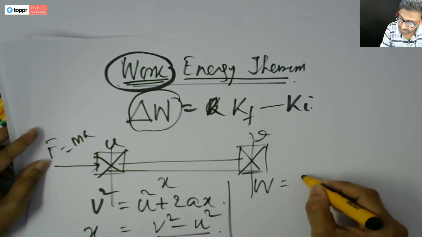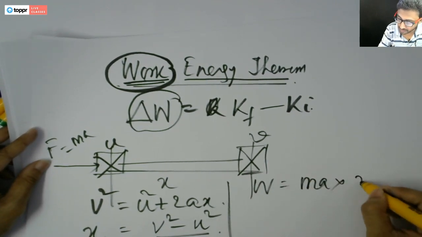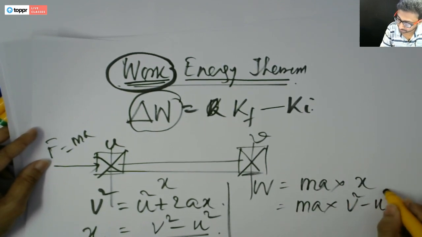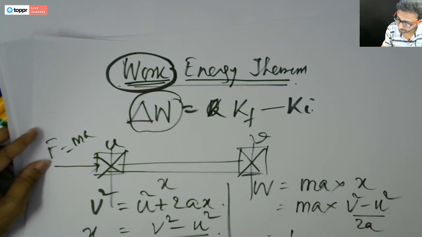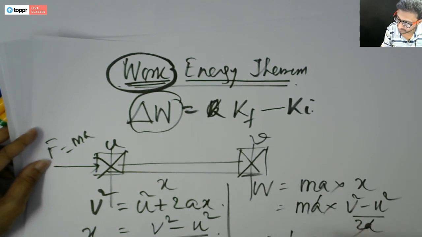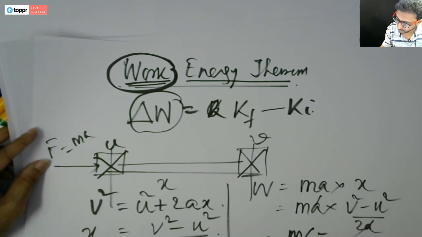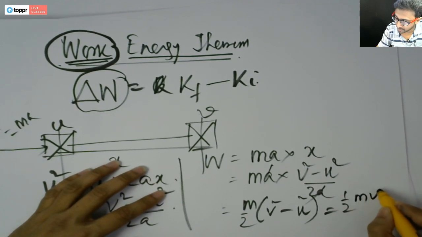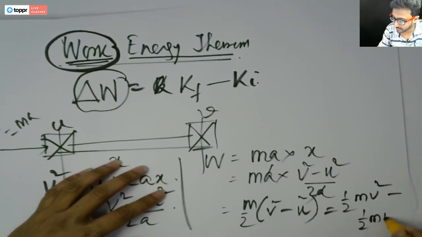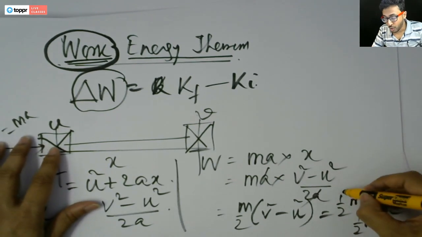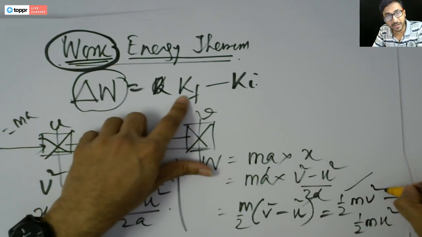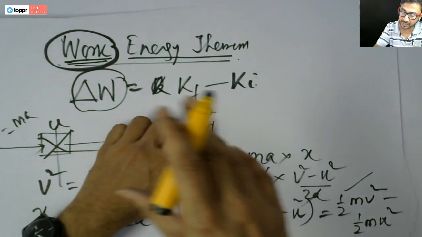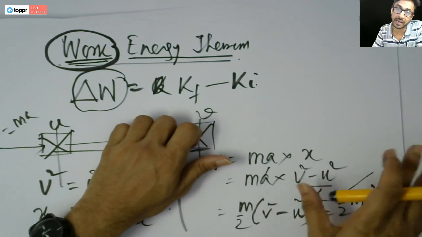So work is m into a into x, that is ma into v square minus u square by 2a, a cancels out, it is m by 2 into v square minus u square. It is half mv square minus half mu square. So half mv square is the final kinetic energy of the body and half mu square is the initial kinetic energy of the body. The work is getting translated into the change in kinetic energy.